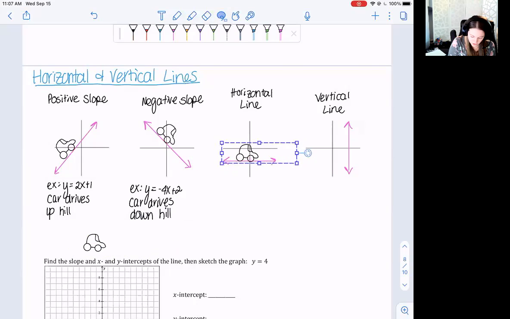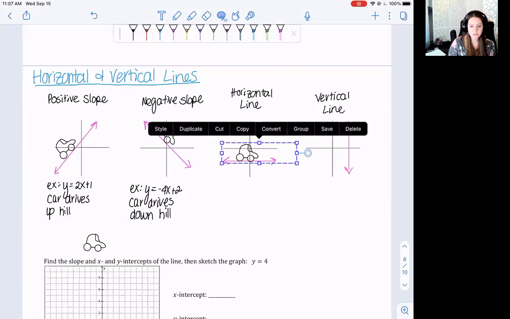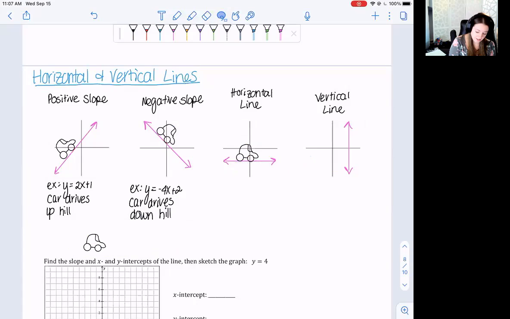But potentially more interesting is what happens on horizontal lines and vertical lines. So a horizontal line, the way that horizontal lines look is something like this. y equals -2. So it's y equals, and then it's a number. There's no x's at all.